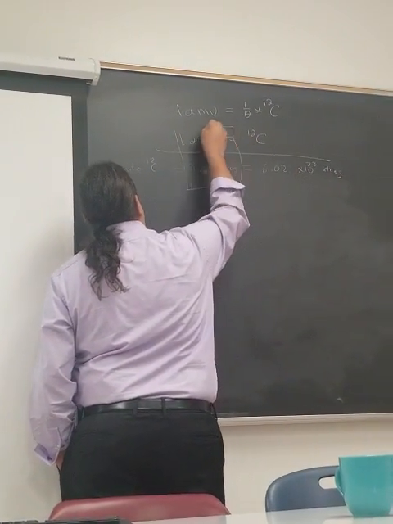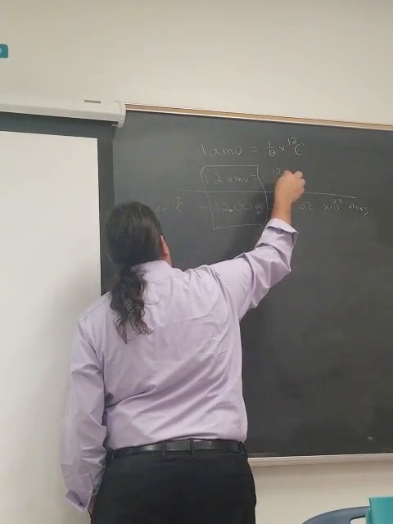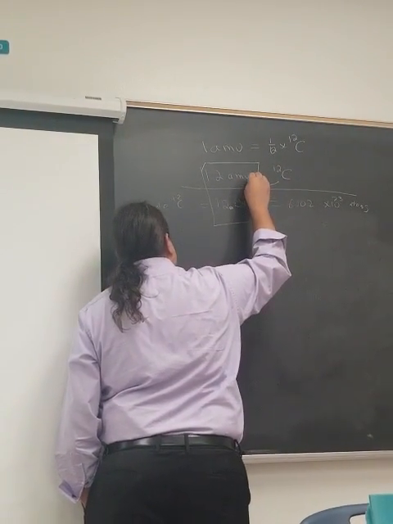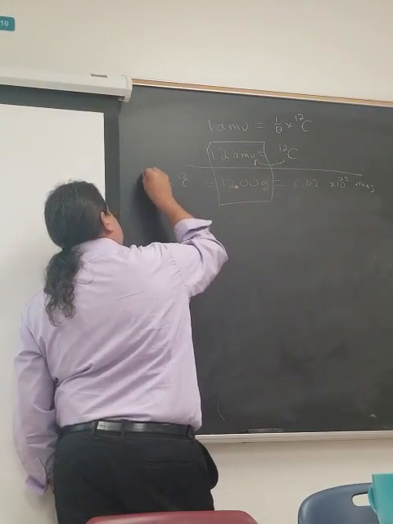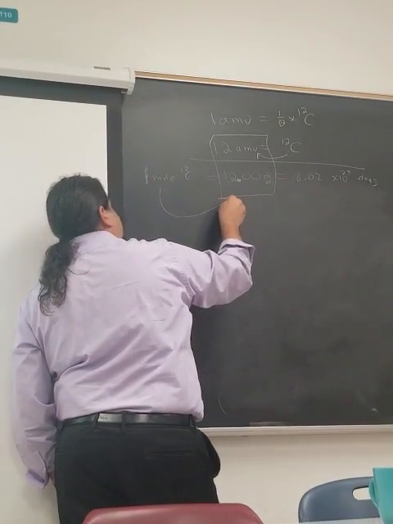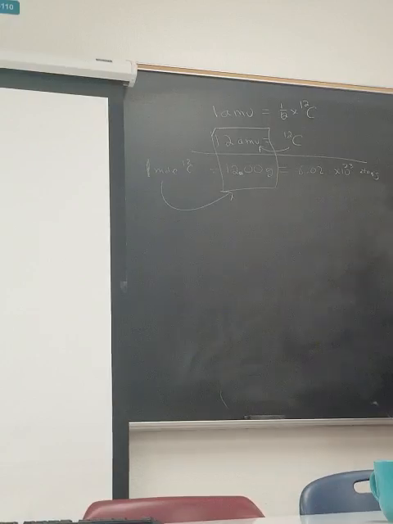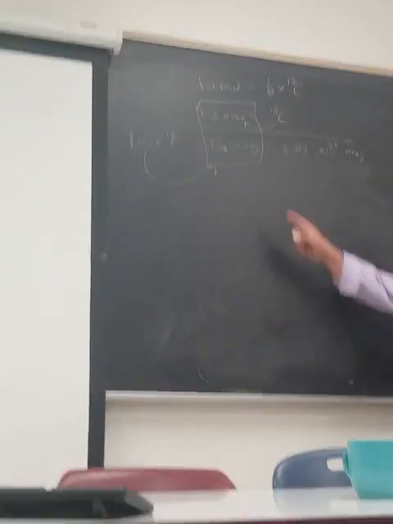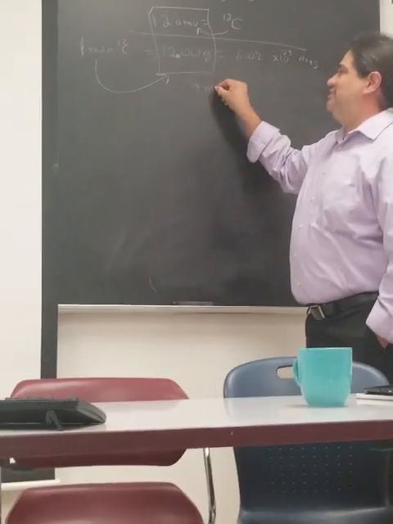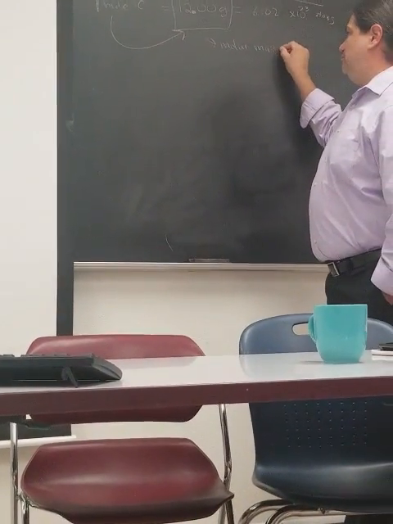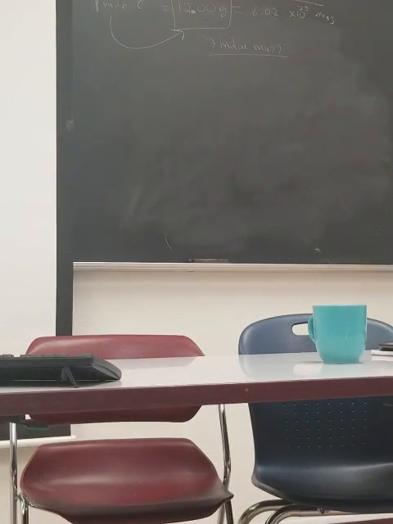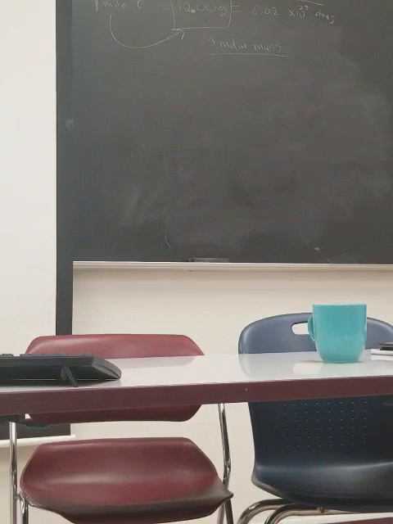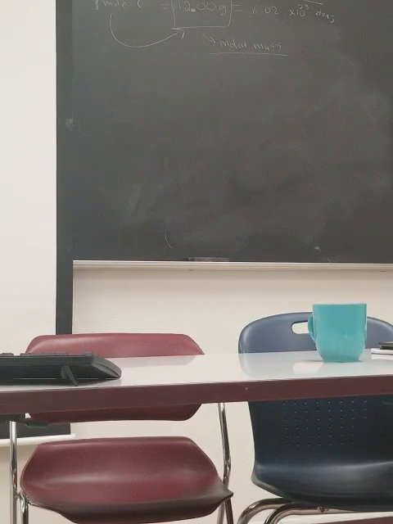But we have this relationship right here, in which one atom of carbon-12 has an atomic mass of 12 AMUs. And then we bulk this up to 12 grams and assign that a value of 1 mole. And so this now becomes what is known as the molar mass: the mass of 1 mole of something. So for the elements, the molar mass of an element is the atomic mass in grams.